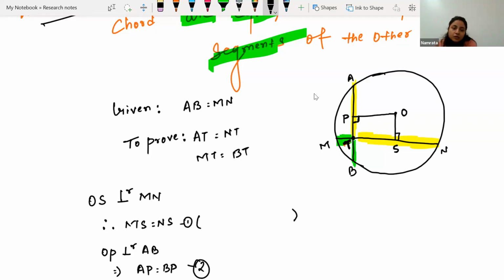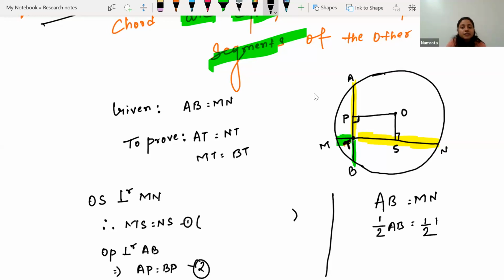Yes, ma'am. Okay. Now here we know that chord AB and chord MN are of the same length. That means half of AB and half of MN will also be the same. Yes, it will be.